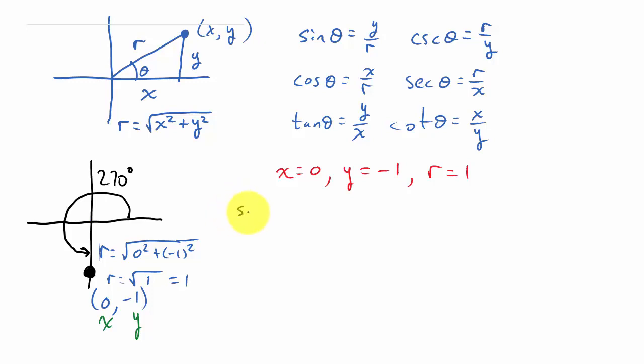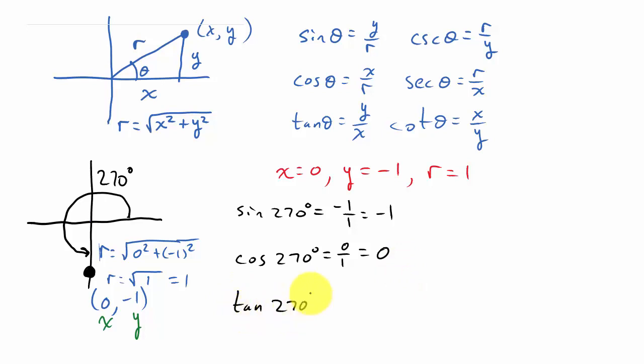So we have the sine of 270. Sine is y over r, so -1 over 1, which is -1. Cosine of 270, well, cosine is x over r, so 0 over 1, which is 0.